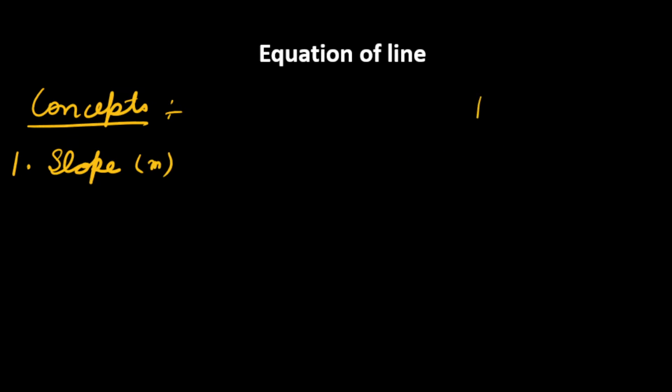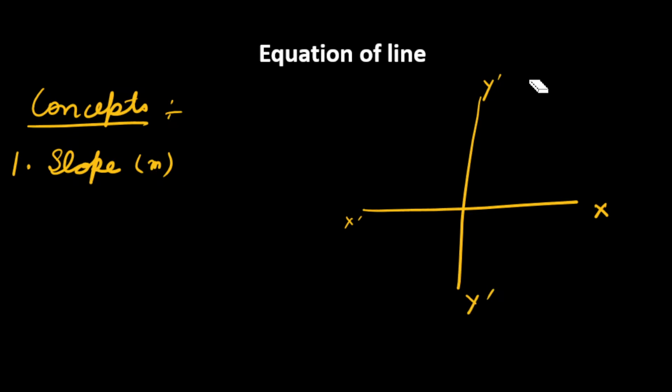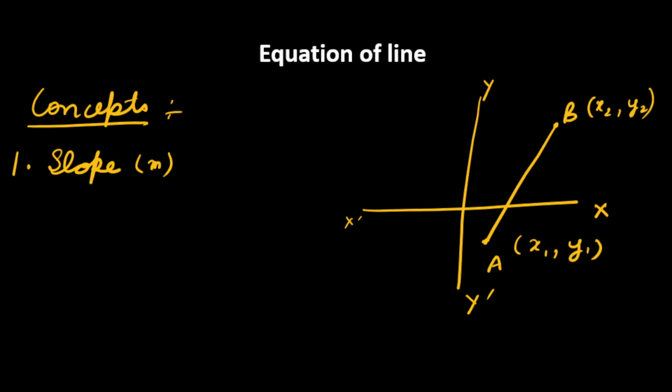Suppose this is a Cartesian plane, the horizontal line is the x-axis and the vertical line is the y-axis. If I have a line segment AB, with coordinates of point A as x1, y1 and coordinates of point B as x2, y2.